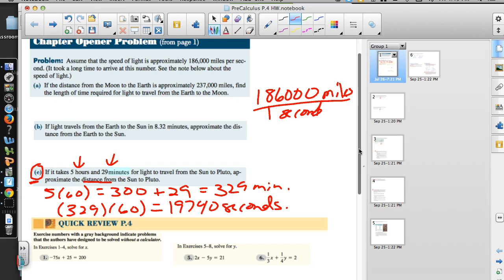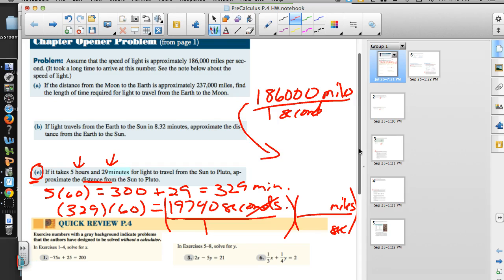So using unit analysis, when I see they're giving me the time and I'm supposed to figure out the distance, I realize what I have right now is time. If I want that to cancel out and give me distance, then what I'm going to have to do is multiply this by something with miles on the top and seconds on the bottom so that seconds will cancel out. And that is this information right here.